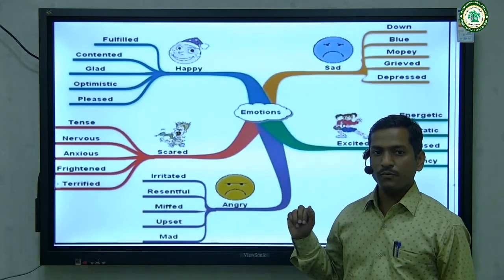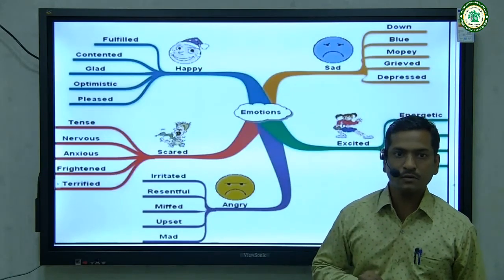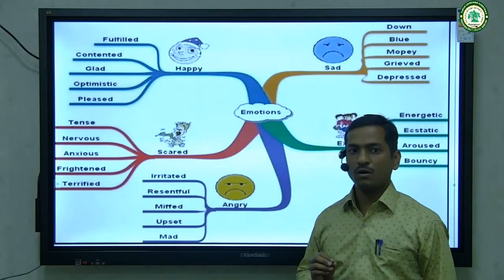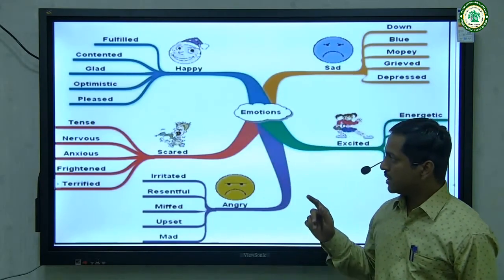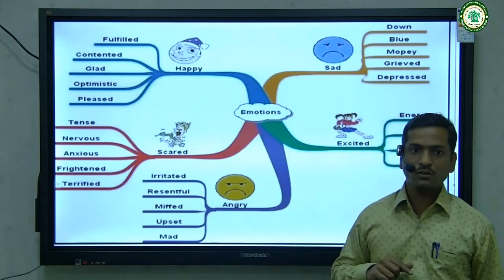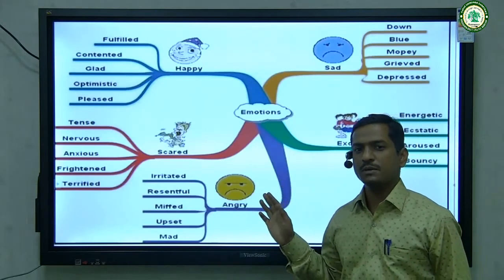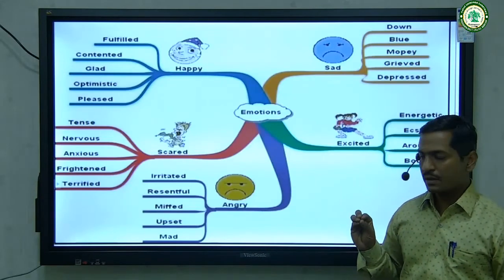Or if we become happy, we look fulfilled, concentrated, glad, optimistic, and pleased. In this way, you can also develop such kinds of images, patterns or shapes that you can adapt and use in your mind mapping activity.